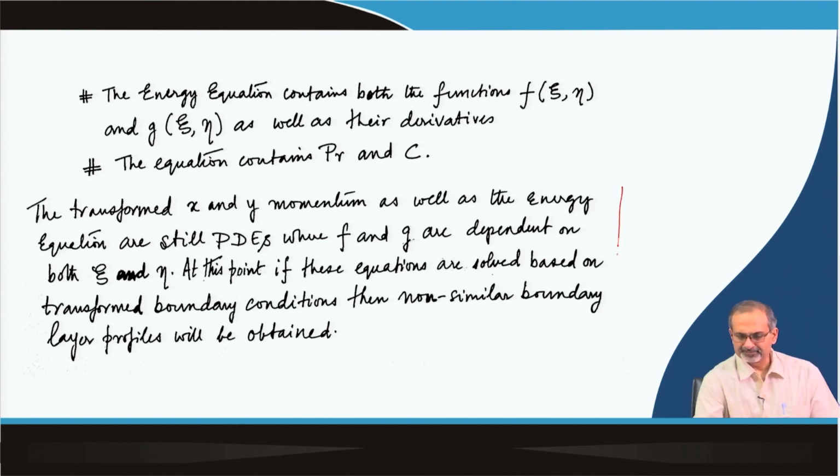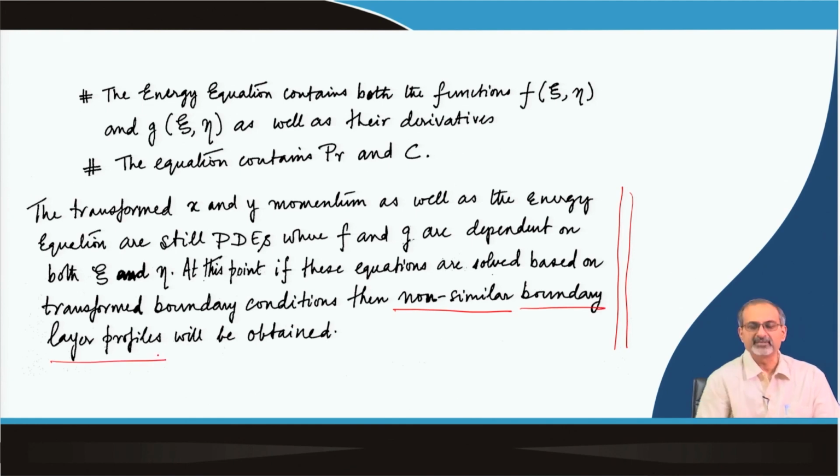So, here it is just reiterated that we said a minute back that we are talking about non-similar boundary layer profiles if we solve the equations now at this point, because they have a dependence on both xi and eta.